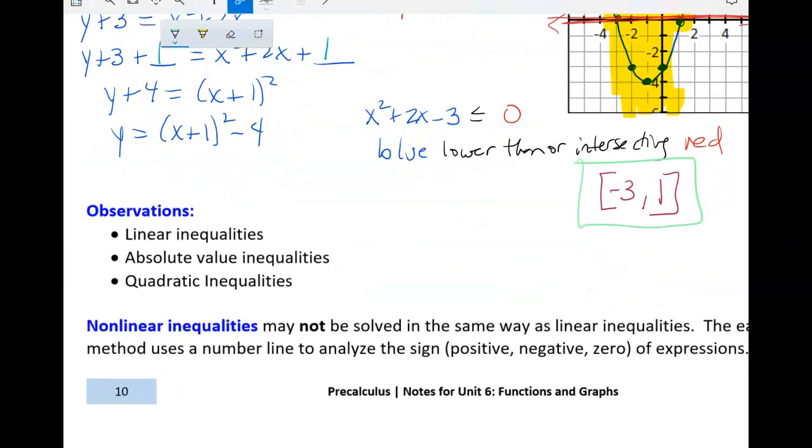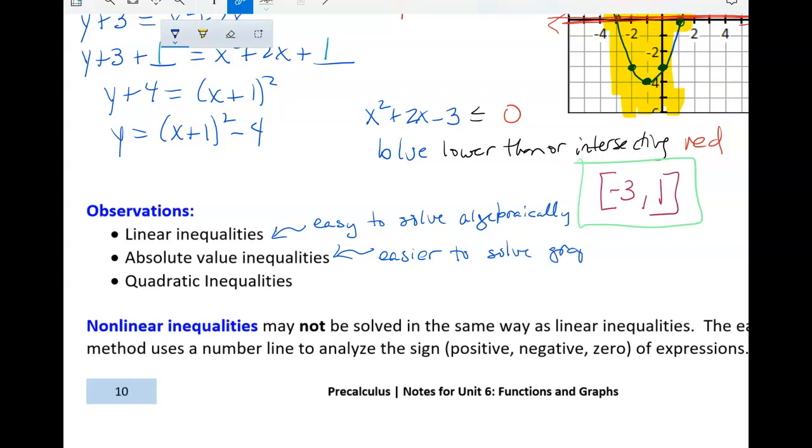Some observations, things that you will need to be aware of. Linear inequalities are easy to solve algebraically. And by algebraically, I mean by adding, subtracting, moving things around in the inequality. Absolute values are easier to solve graphically.